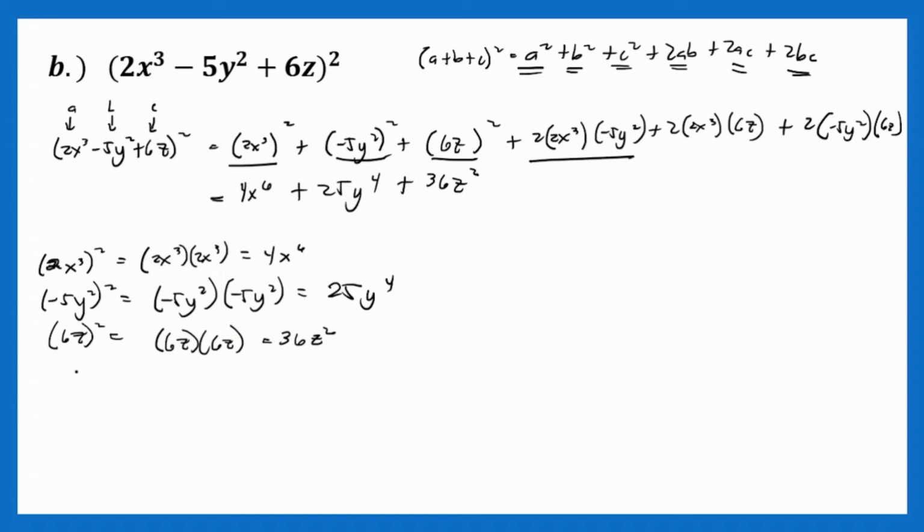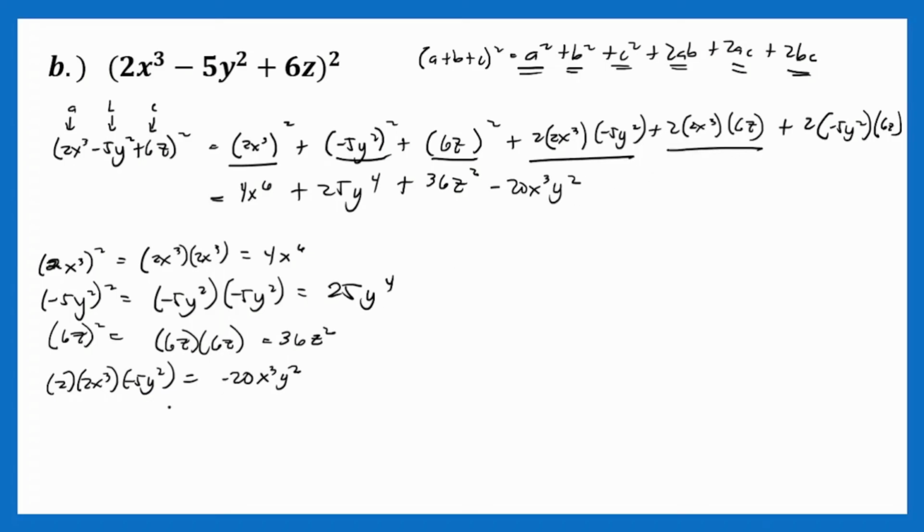Sunod tayo dito. 2 is positive, 2x cubed, negative 5y squared. Ito yan kinopy lang natin. Number, 2 times 2 is 4, times negative 5 is negative 20. x cubed ay wala namang pareho sa y squared, so kopyahin mo lang. So, minus 20x cubed y squared.